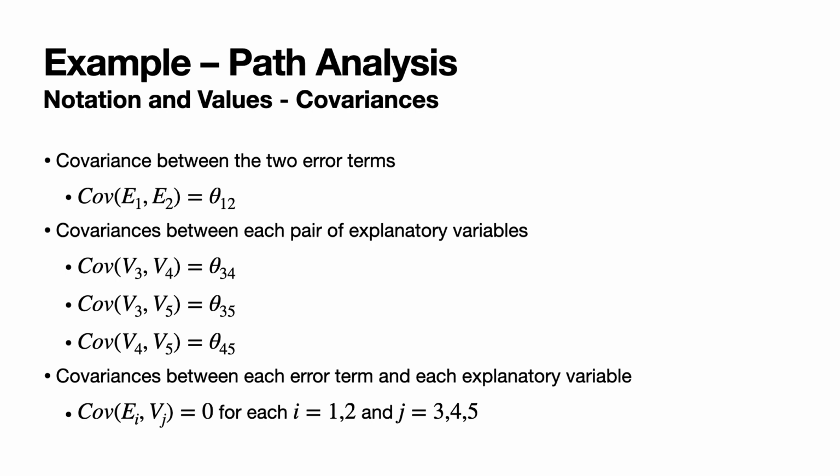And the covariance of V4 and V5 will be denoted theta sub 4,5. Now, the covariances between each error term and each explanatory variable are assumed to be 0. And so the covariance of E sub i and V sub j, where i goes from 1 to 2 and j goes from 3 to 5, those covariances are all assumed to be 0. And so that assumption will be imposed on the model.